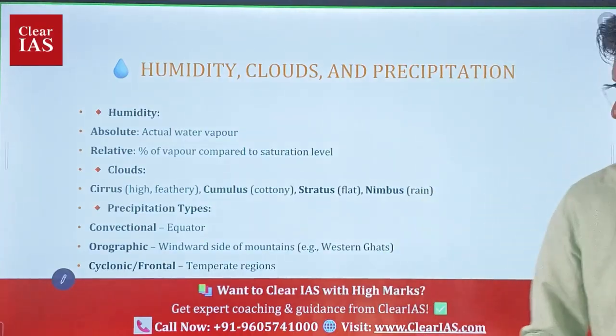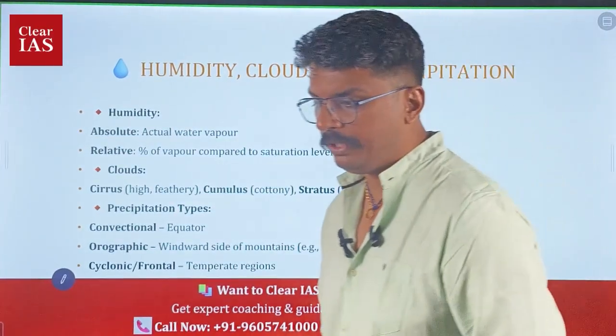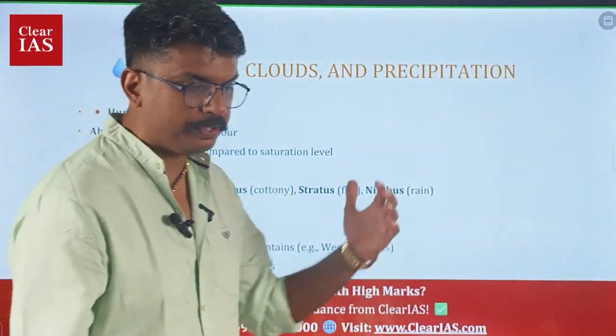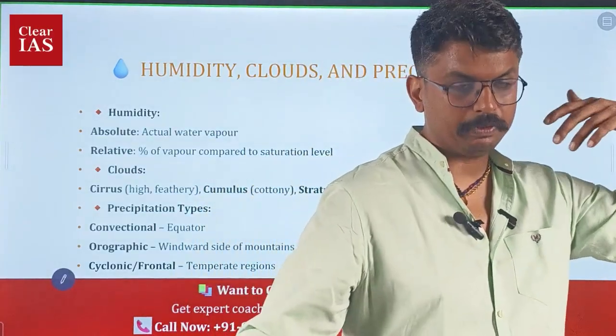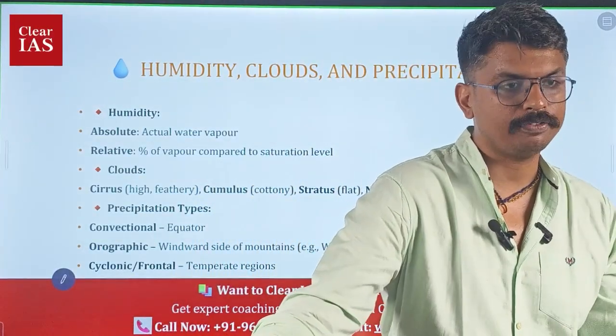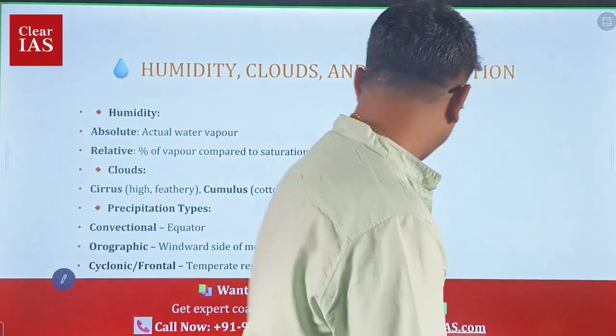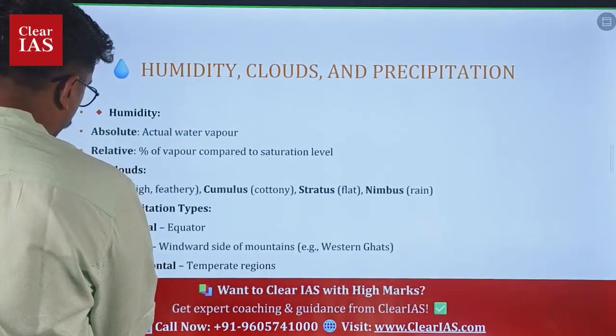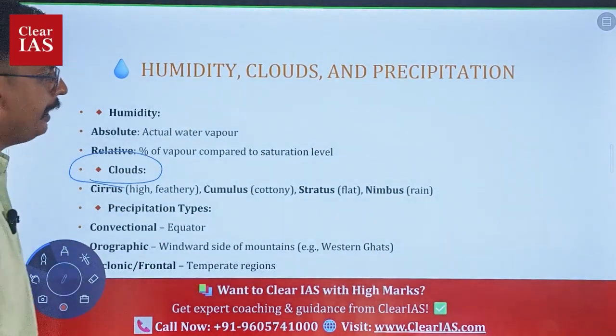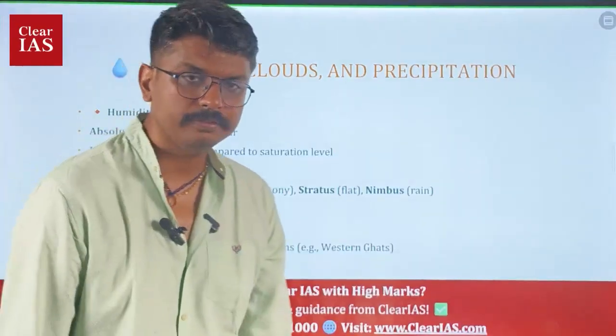Okay. Now, the next topic, we'll go into detail. All these topics we'll be covering in detail when we do the second level of learning. Now, we are going in an overview mode. Then we have clouds. Can anybody give a definition of a cloud?